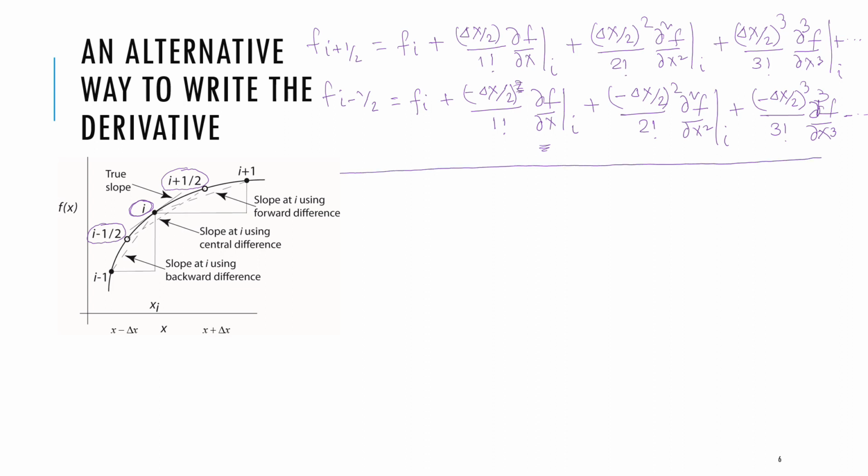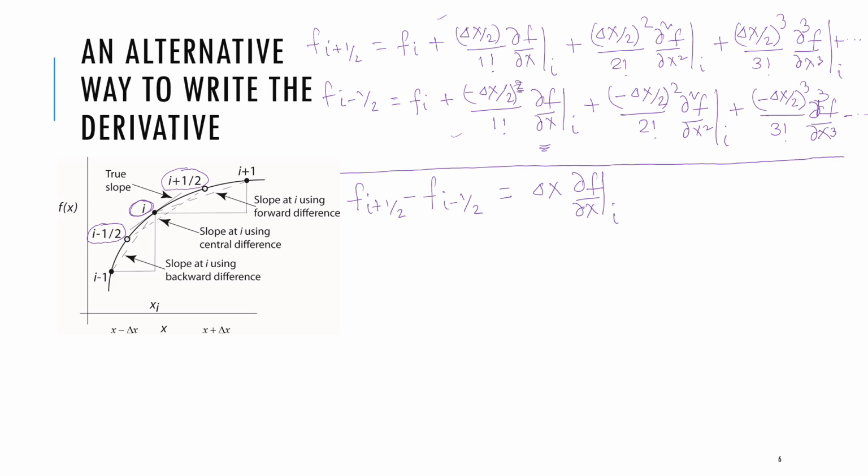So if we subtract the second one from the first one, we get f at i plus half minus f at i minus half is equal to delta x, that's these two, this one and this one together, delta x times del f del x at i.